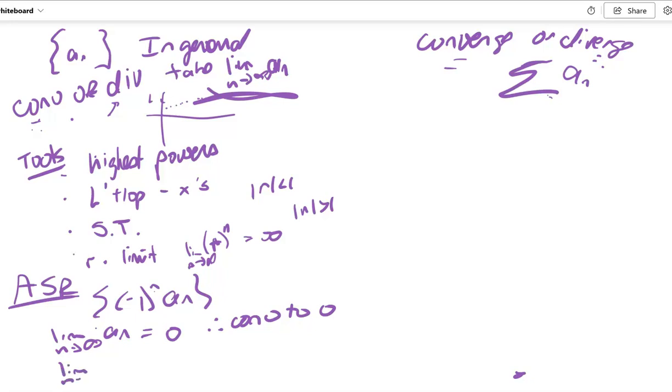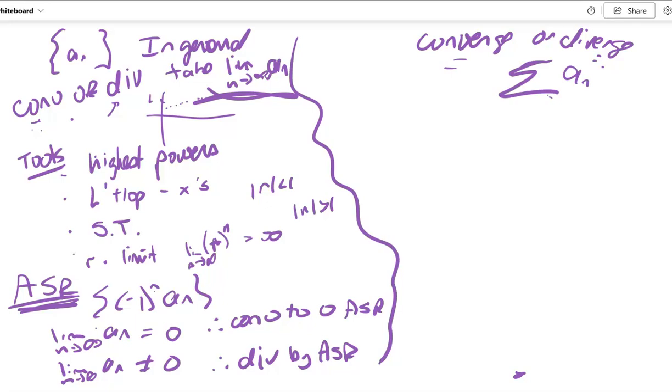If you take the limit of this nth term and it doesn't equal 0, it could even equal a friendly number like 1, but that means it's alternating between 1 and -1 forever, so that's when it diverges. Okay, and it's nice to say ASR on these because this is a unique rule, right? So the sequences have one rule and the rest of it is just taking a limit.